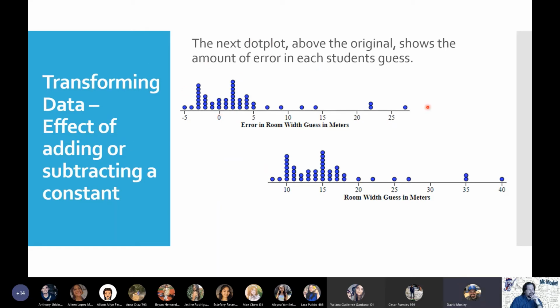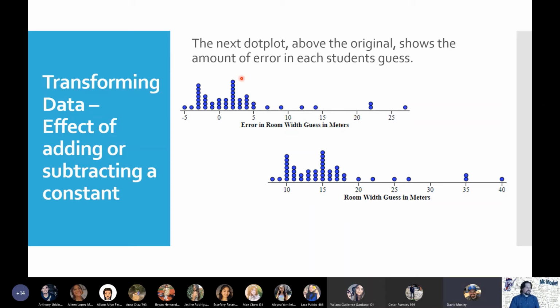And then this next dot plot shows the amount of error in each student's guess. We have it compared to the original data set. The error was calculated by determining what the actual width of the room was, which was 13 meters, and subtracting that from the student's guess. So you had an error of 0 if you guessed correctly at 13.